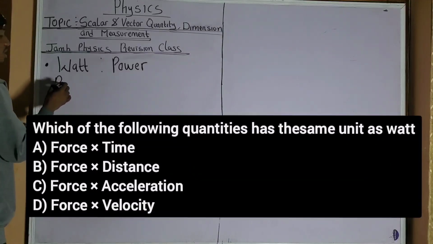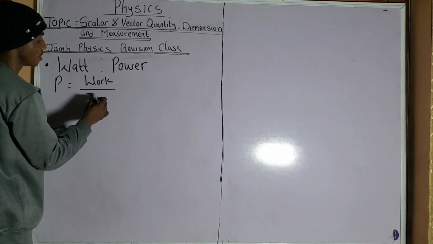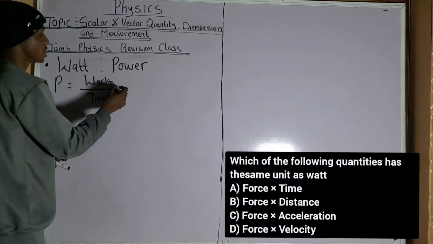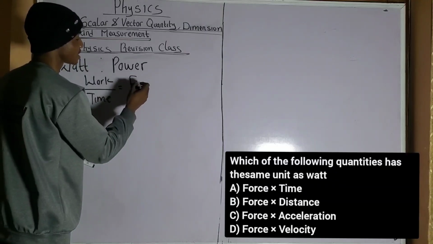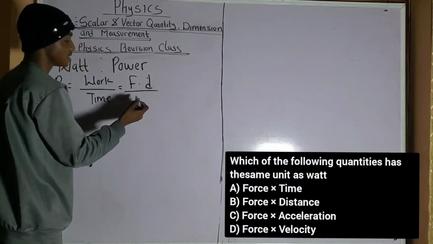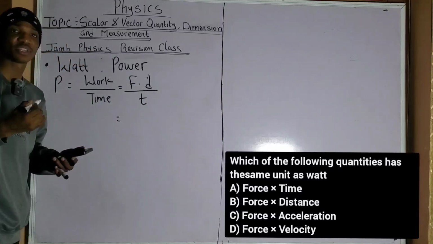Power is equal to work done over time, because power is the time rate of doing work. Do you understand? And work is what? Work is force times distance, right? And time is in seconds, so I'm going to have T here. Now, force is measured in Newton.